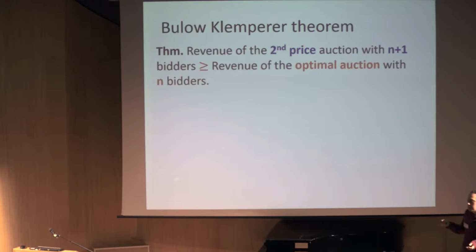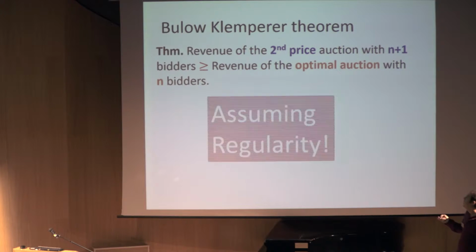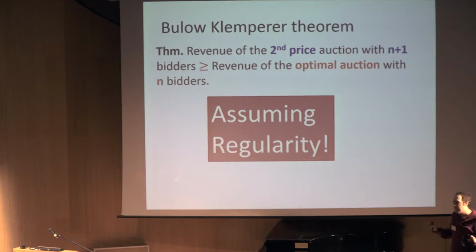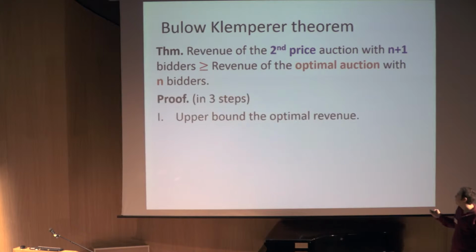So let me talk a bit about the proof shortly. First of all, we assume regularity. This theorem and all of my talk assumes regularity. You have to have regularity for this kind of result. Intuitively, I won't explain it in detail, but it means that the distribution is not too heavy-tailed. So the proof is in 3 steps.